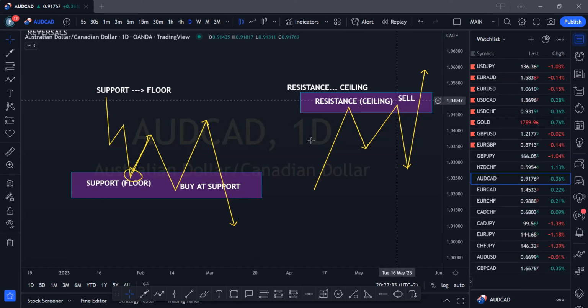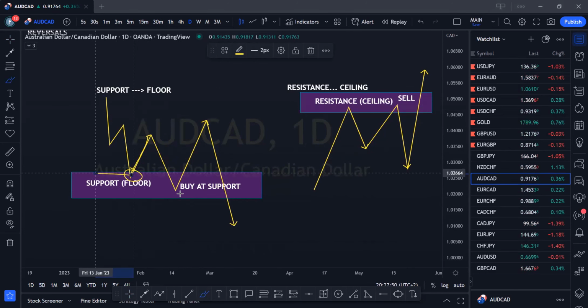General knowledge out there is that what makes a support or resistance zone valid, minimum, you want to have 2 touches in that zone. So in this case, this is the first touch, and this is the second touch. In this case, this is the first touch, this is the second touch.